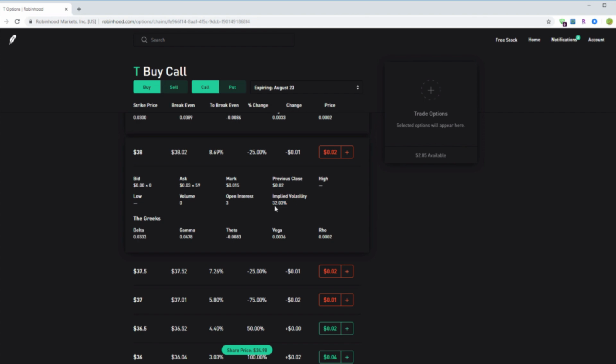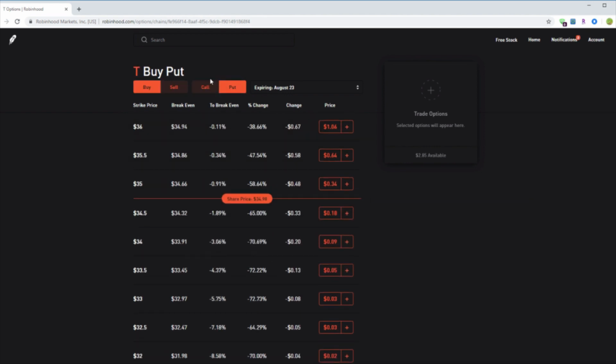And essentially, as implied volatility goes up, contract prices go up. So if this had a 50% implied volatility and all of these Greeks were the same, this contract would become worth more in value. And that goes the same for puts. So puts and calls both gain in value as implied volatility goes up, and as it goes down, contract prices also go down.